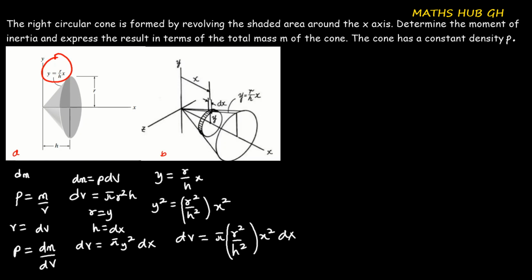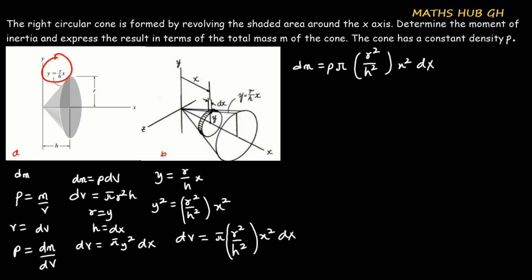Now let's rewrite the expression for the mass. We're going to have dm equal to rho pi, and then r squared over h squared multiplying x squared dx.